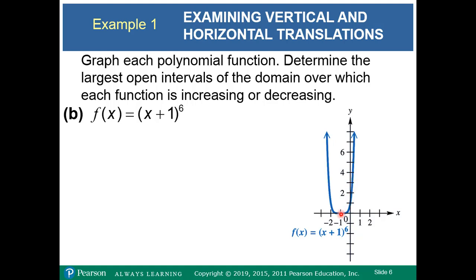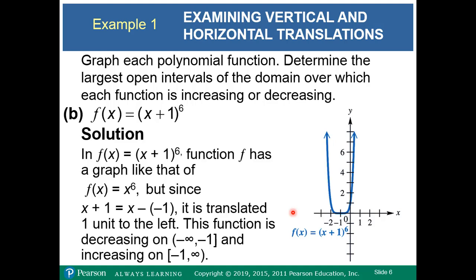So it's increasing from -1 to what? To positive infinity. And where is it decreasing? From negative infinity to -1. And so on the entire domain, it's increasing from -1 to positive infinity and decreasing from negative infinity to -1.